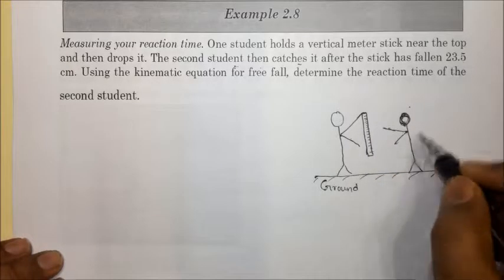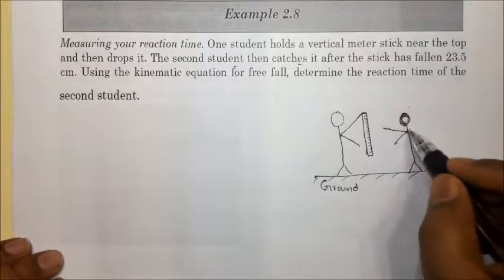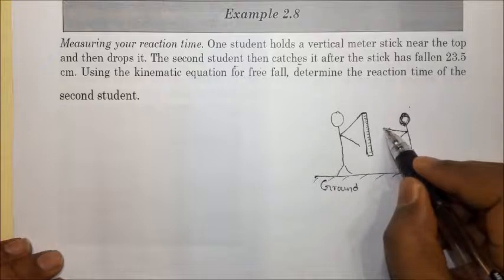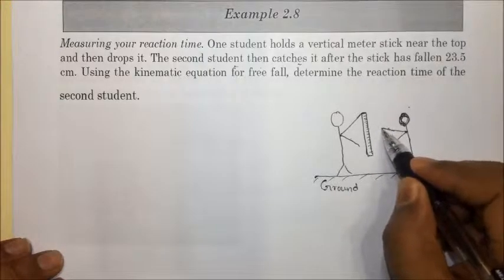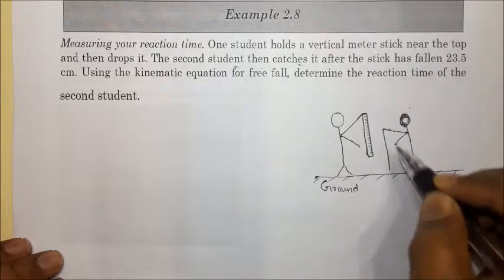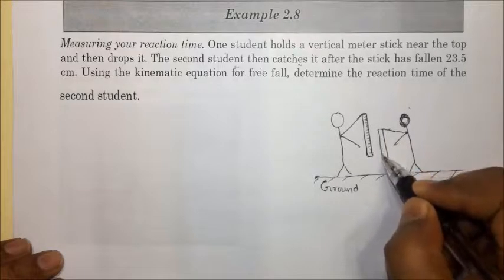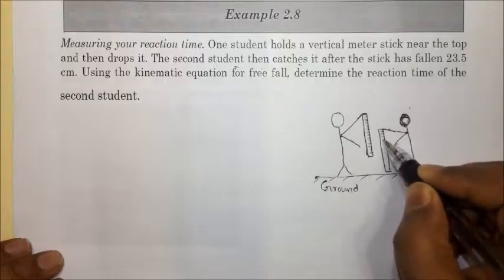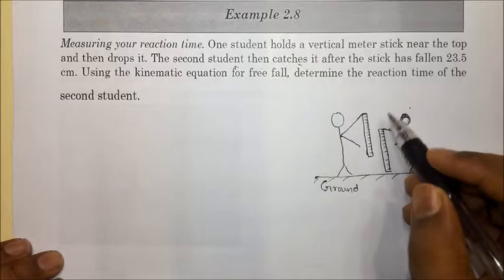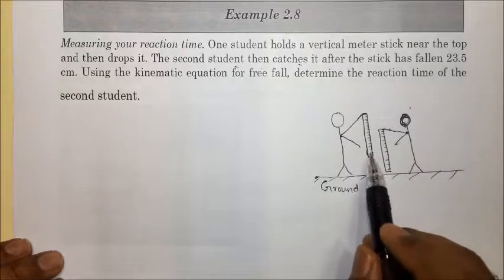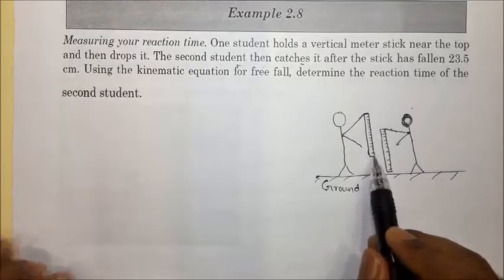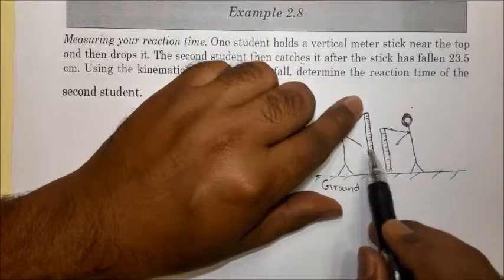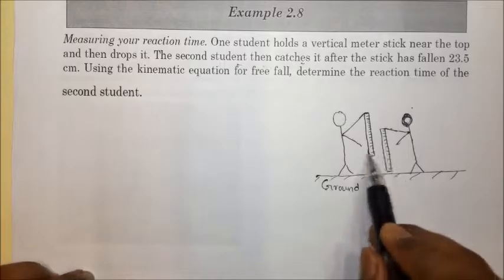When he releases it, the second student grabs this stick, and when he grabs it, the stick has fallen. Okay, in fact they are in the same line. This one and this one, they are in the same line. I have separated them.